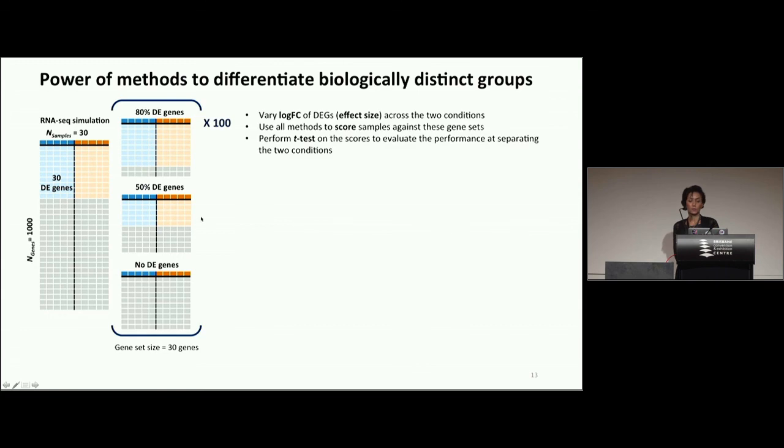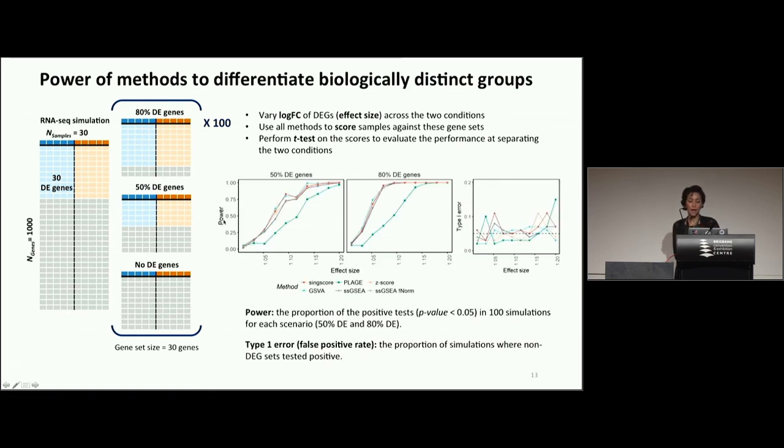Then we repeat this process 100 times, and each time we also vary the log-fold change or effect size, and then we score samples using all the methods, and then we do t-tests on the obtained scores to see how well they perform in separating these 2 groups. And we calculate power and type 1 error, which is the false positive rate.